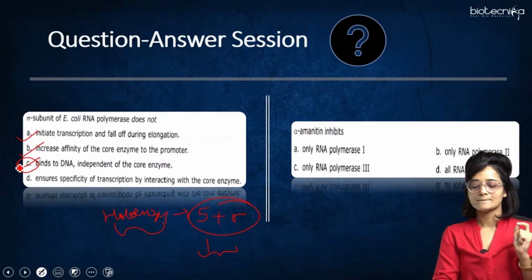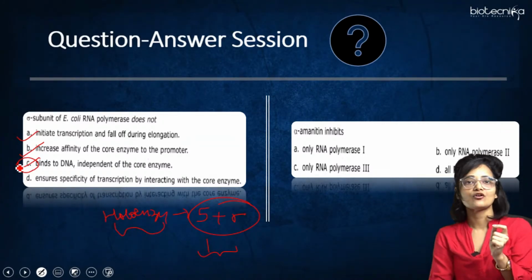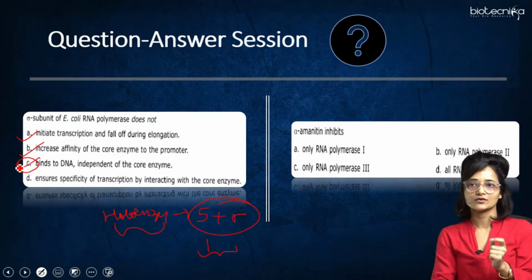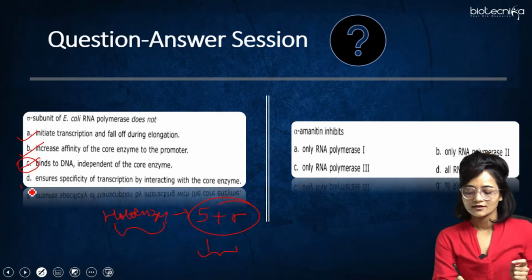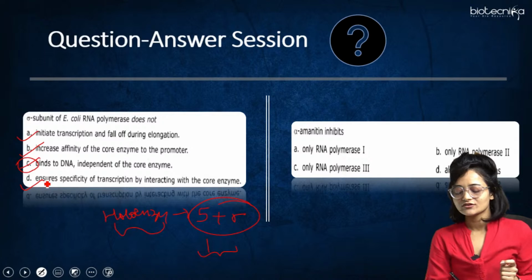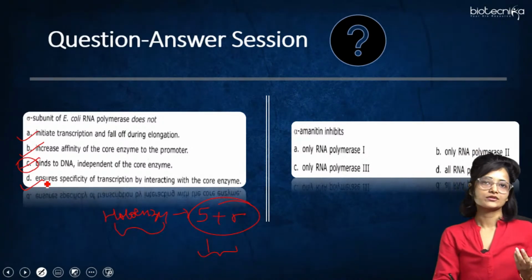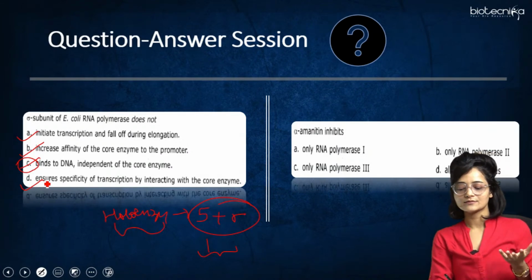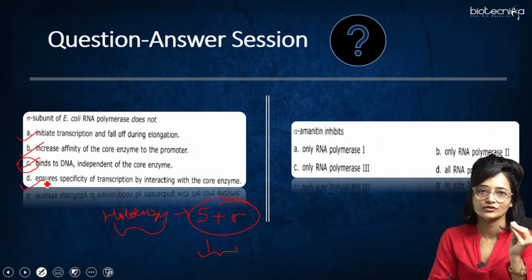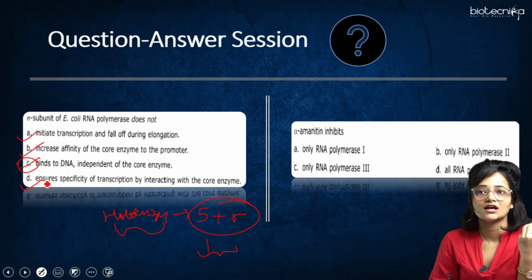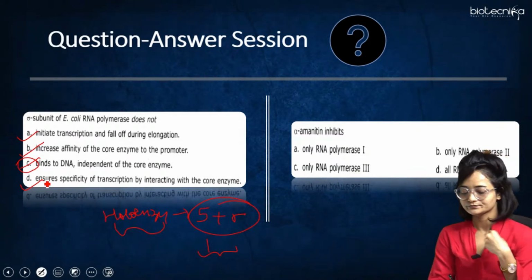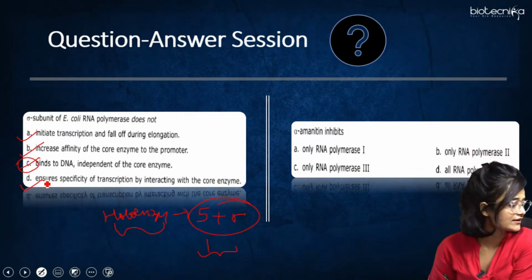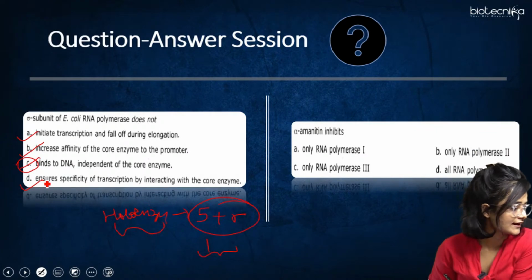It does not bind the DNA independent of the core enzyme. It requires the core enzyme also. D says that it ensures specificity of the transcription by interacting with the core enzyme. For the core enzyme to bind to the DNA promoter region with specificity, sigma factor is required. So whosoever gave option C as the answer, they are correct.